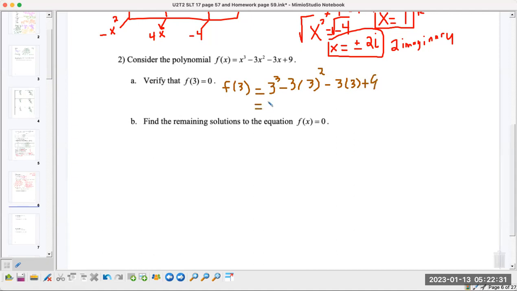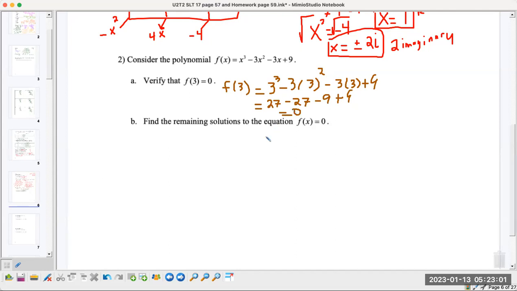All right, so 3 cubed is 27. And then I have, let's see, 3 squared is 9. Negative 3 times 9 is negative 27. And then I have negative 3 times 3 is negative 9, and plus 9. Oh, I can see that this is going to go to 0. All right, so I verified it.